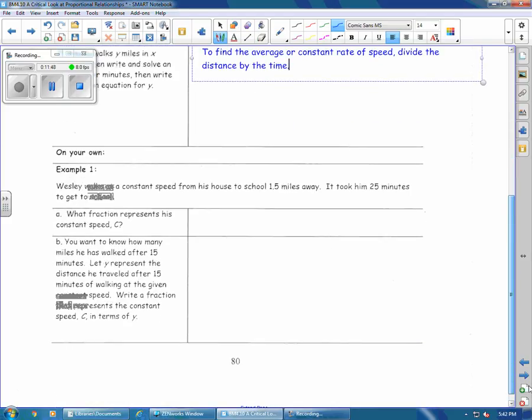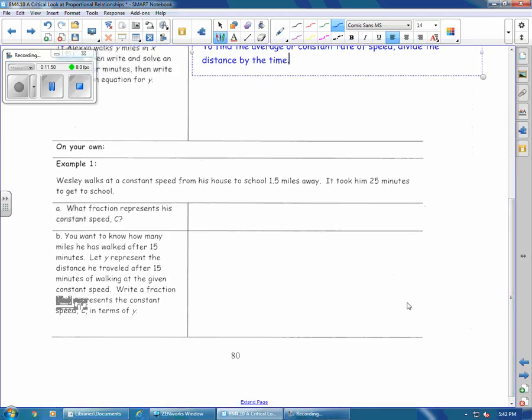Okay, so let's do the first example together, and then we're going to call it a night. So we're almost done. You can do it. Wesley walks at a constant speed from his house to school 1.5 miles away. It took him 25 minutes to get to school.